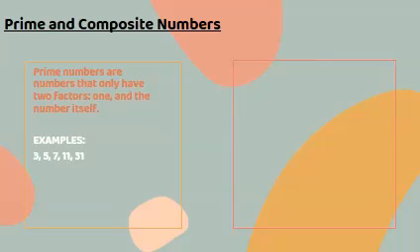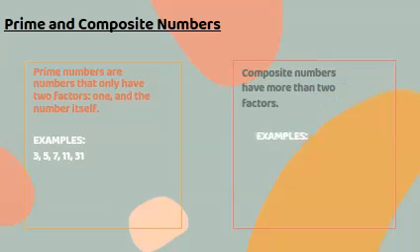So we call them prime numbers because they have only two factors, 1 and the number itself. Now, the opposite of prime is composite numbers. Composite numbers are numbers that have more than two factors. Examples, as we did, are 6, 18, 30, and 100.